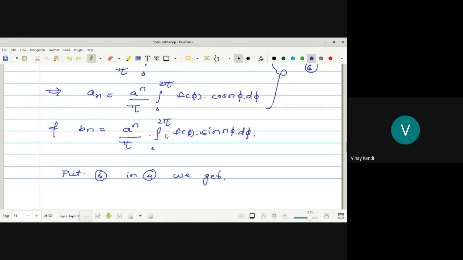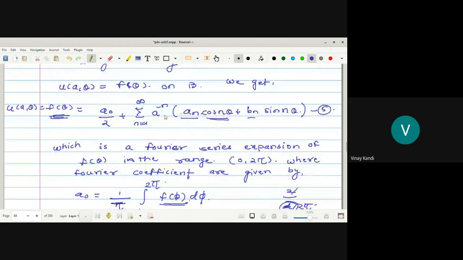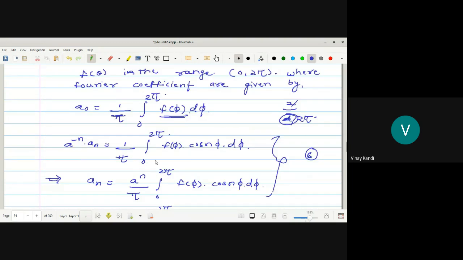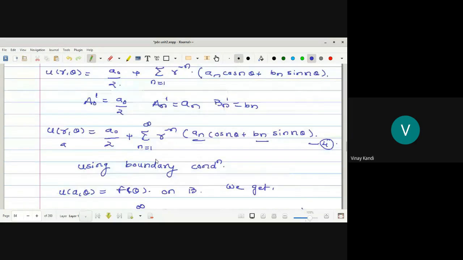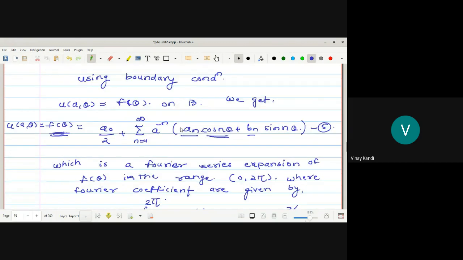Put the value of a raised to minus n into an in equation number 4. r raised to n comes the same way, so 1 upon r raised to n comes.